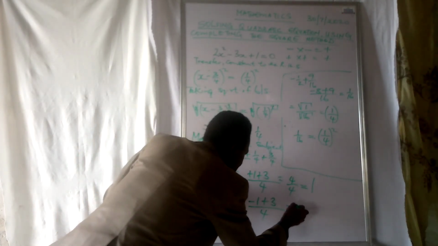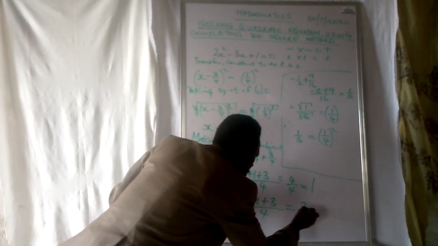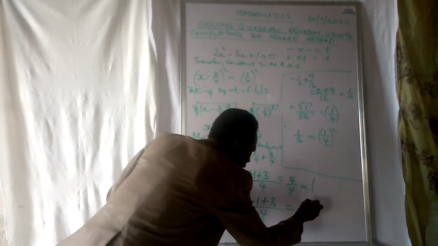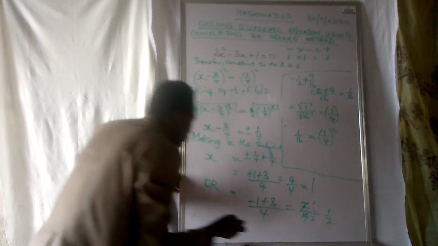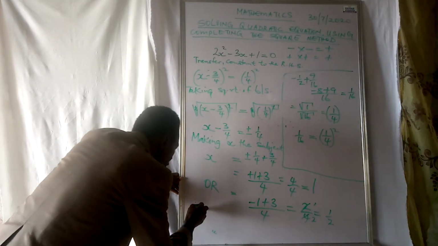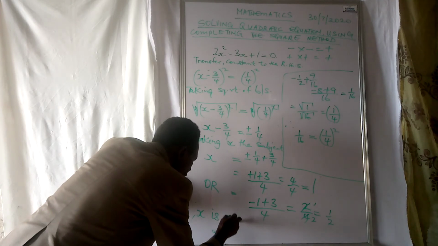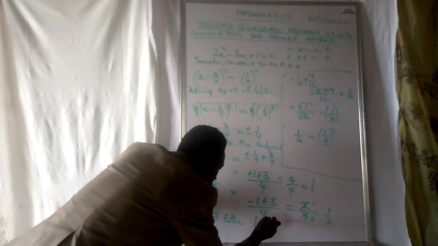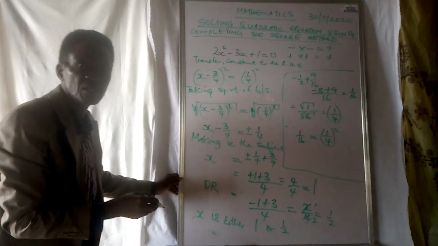So this becomes minus 1 plus 3, which is plus 2 all over 4. And 2 cancels 2, 1; 2 cancels 4, 2. That's why it is a half. Therefore, x is either 1 or a half. This is what we have for that time.